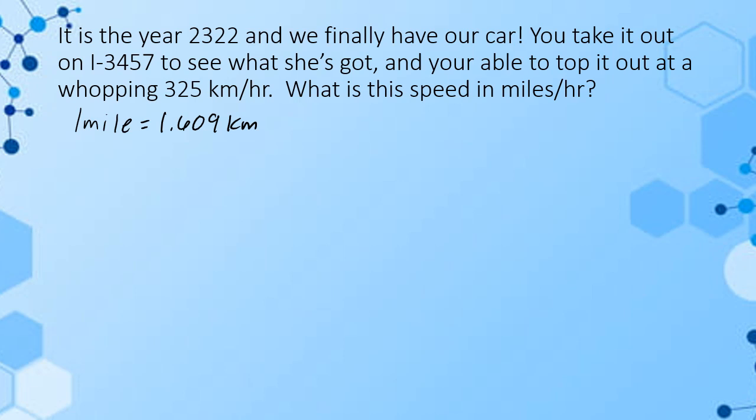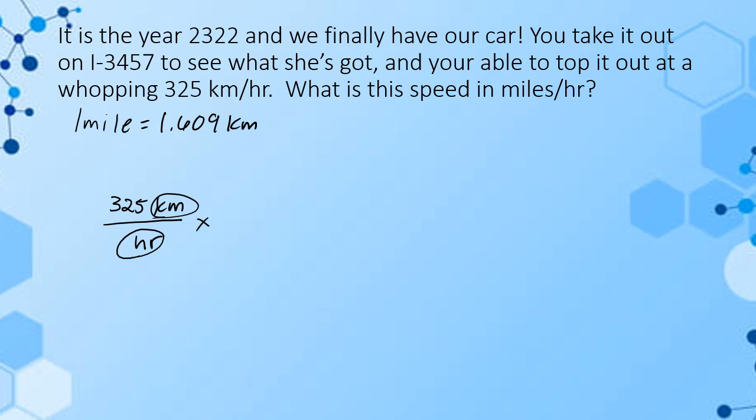What we're given here is we know that we can get our car to 325 kilometers per hour. We want to multiply that by a conversion factor we know to get rid of the kilometers, but we actually want to leave the hours, if you'll notice.